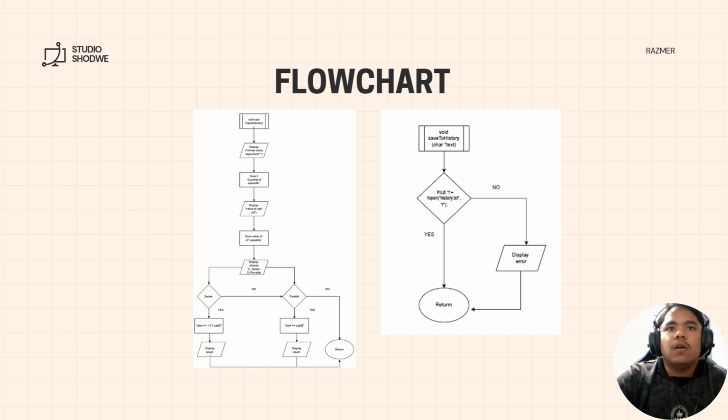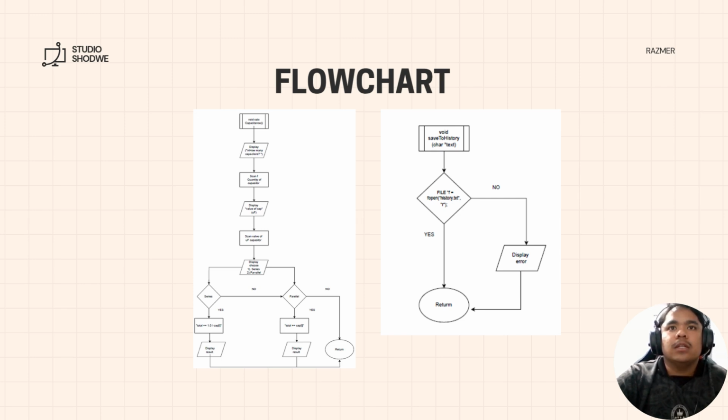After collecting all the values, the program will display a menu asking the user to choose the type of connection, either series or parallel. If the user selects series, the program calculates the total capacitance using the formula 1 over C1 plus 1 over C2 and so on.